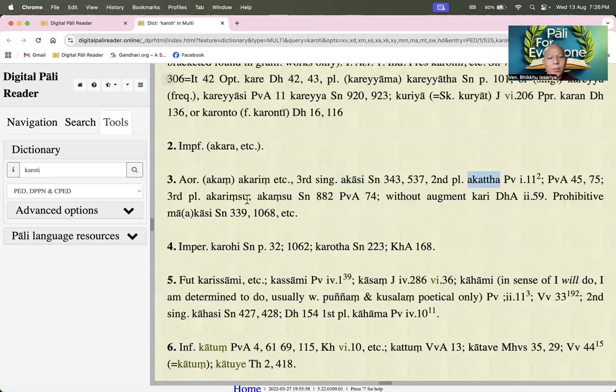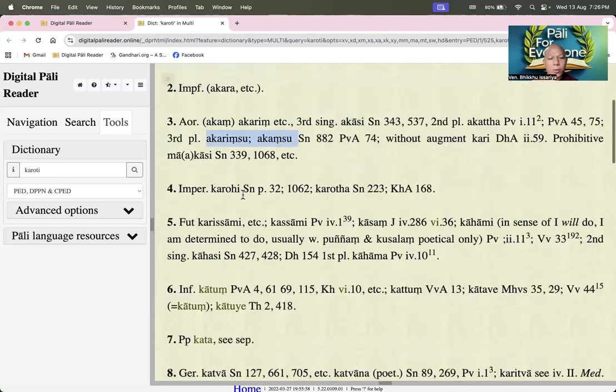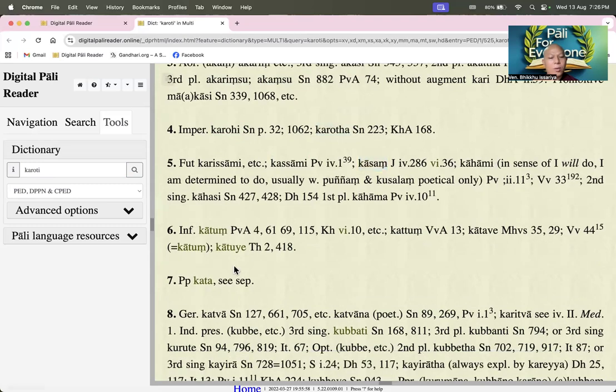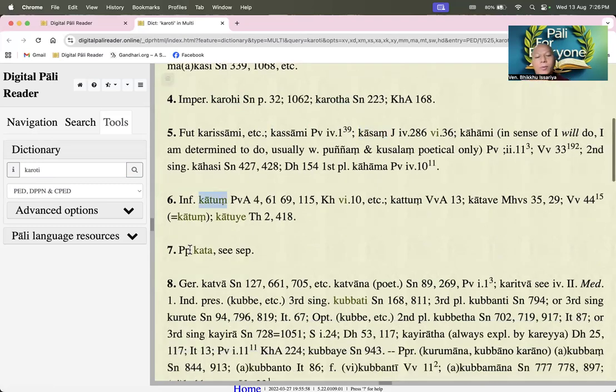So akarensu, akansu. So in this way, in the imperative karohi and karota, and in the future tense karesami and also kasami and kasan and kahami, and the infinitive kado.